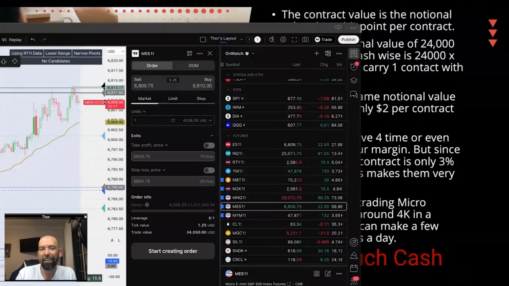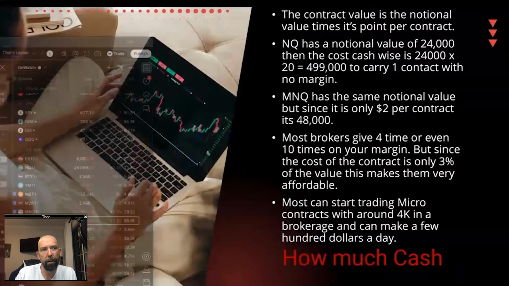But because they only require 3% of the notional value to carry it, I know this is the confusing part, but trust me, once you get trading, you don't have to worry about this. Because they only require about 3% of that notional value, you're really only going to need about $1,000 or so to meet margin on carrying one contract. But again, 4 to 5 grand in an account is what I think is pretty good to have.